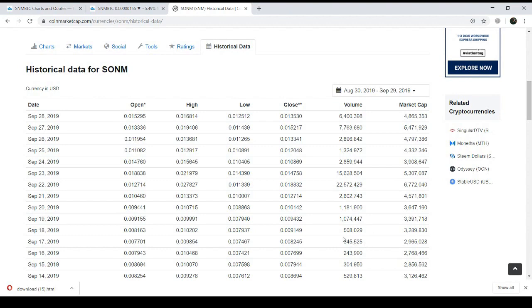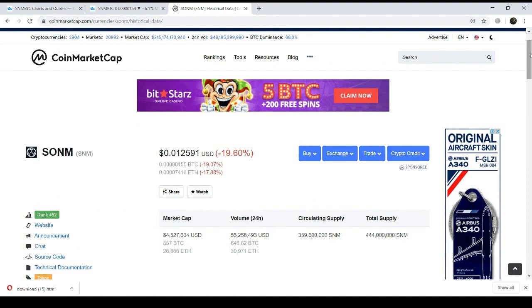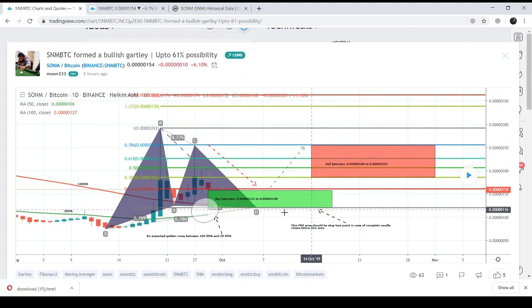And now the last 24-hour trade volume is more than $5.2 million. It means the trade volume of SNM coin has increased more than 900%. People are trading this coin a lot. So this chart is really very strong, and the price action has very strong chances to take the third bullish divergence from this potential reversal zone.